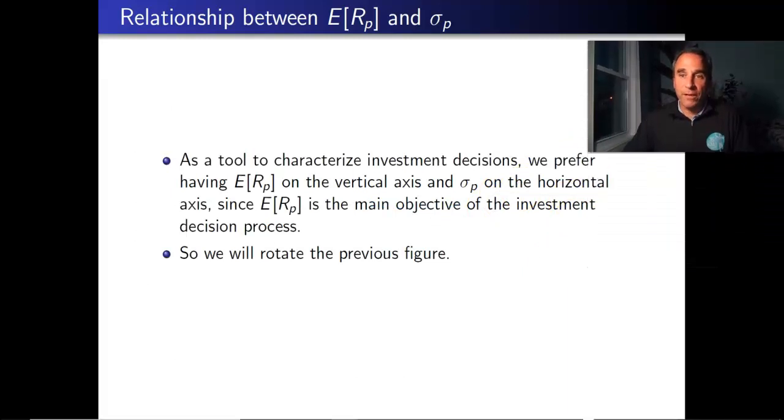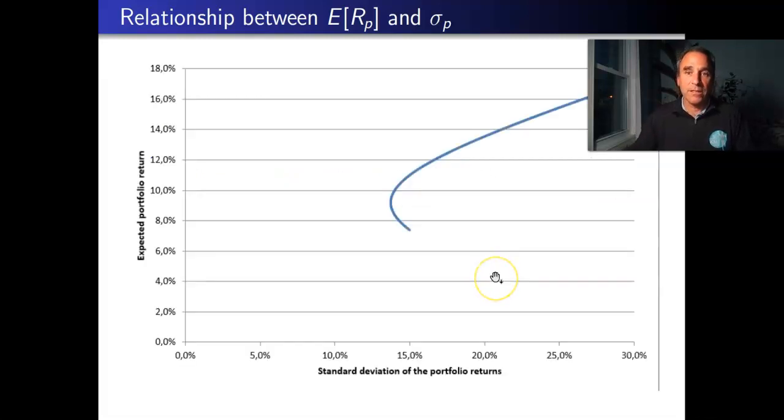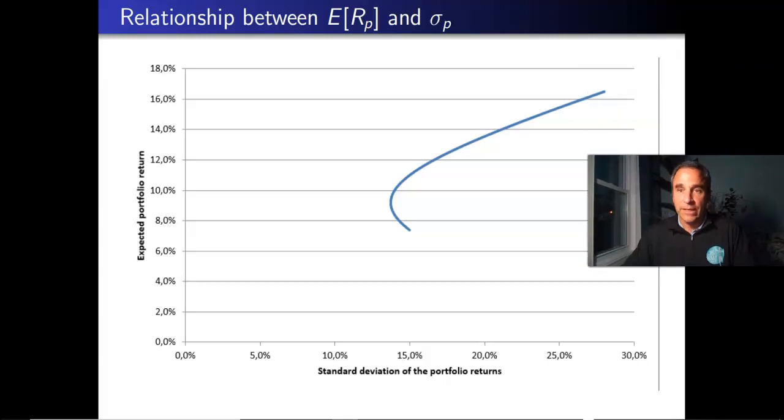Now we prefer having expected return on the vertical axis and standard deviation on the horizontal axis. Okay, so we're going to rotate the last figure, and this is what we obtain as a characteristic of our investment market.